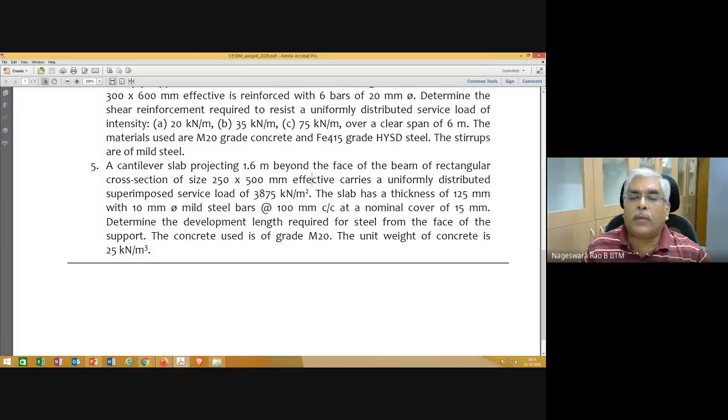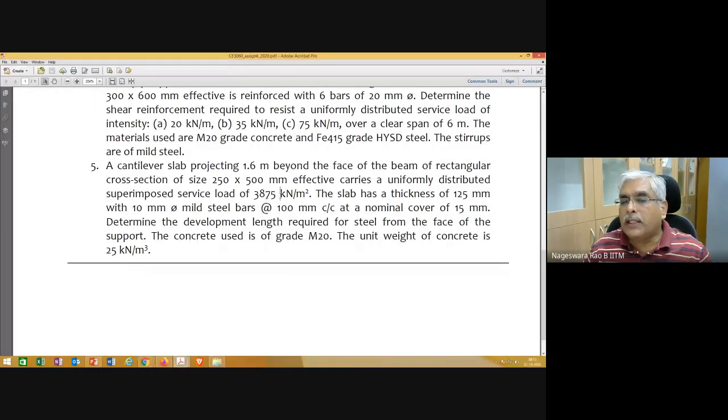It carries a uniformly distributed superimposed service load of this much, 380. I don't know whether that is right; I will cross check this and then get back to you. Just give me some time. If there is a correction on this, I will send it to you by email. Anyway, the uniformly distributed imposed load is given.